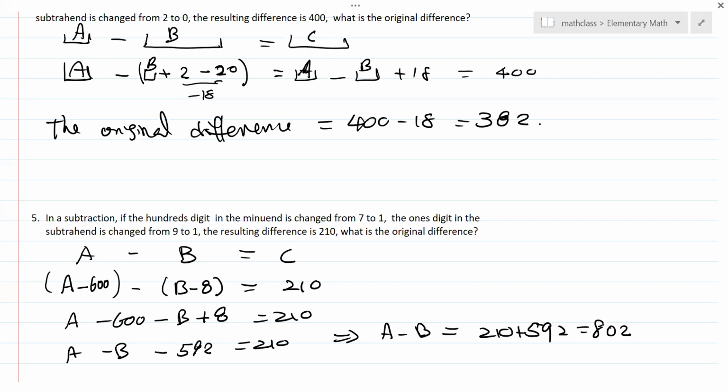But minus 8 actually adds 8 to the difference. So the combined result will be the original difference minus 592. Then you get 210. So the original difference should be 210 plus 592, okay, 802.